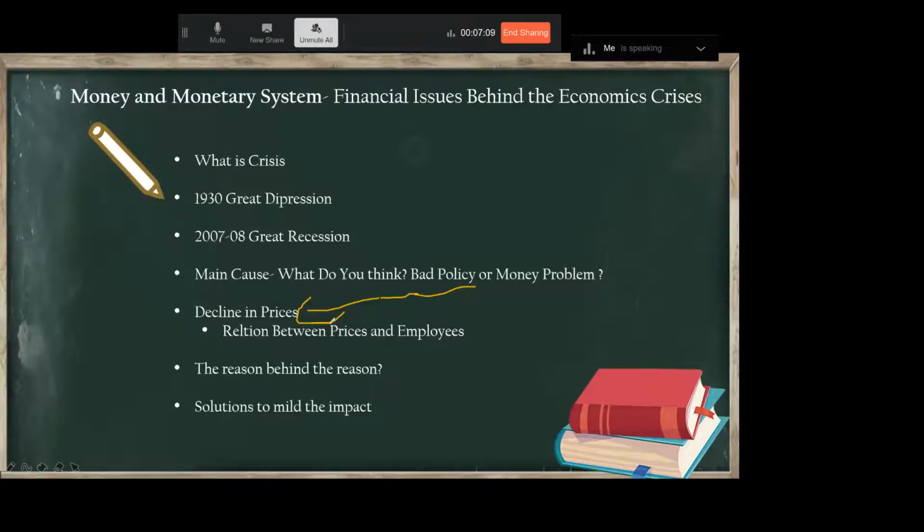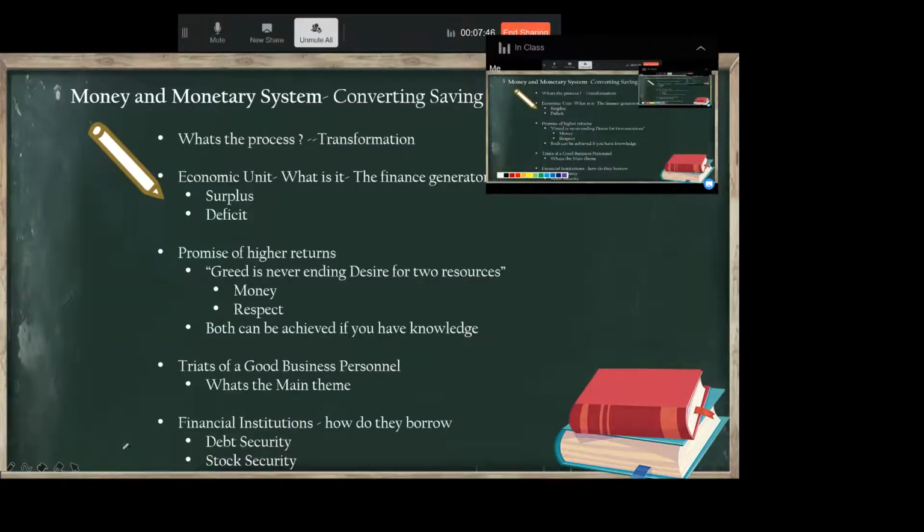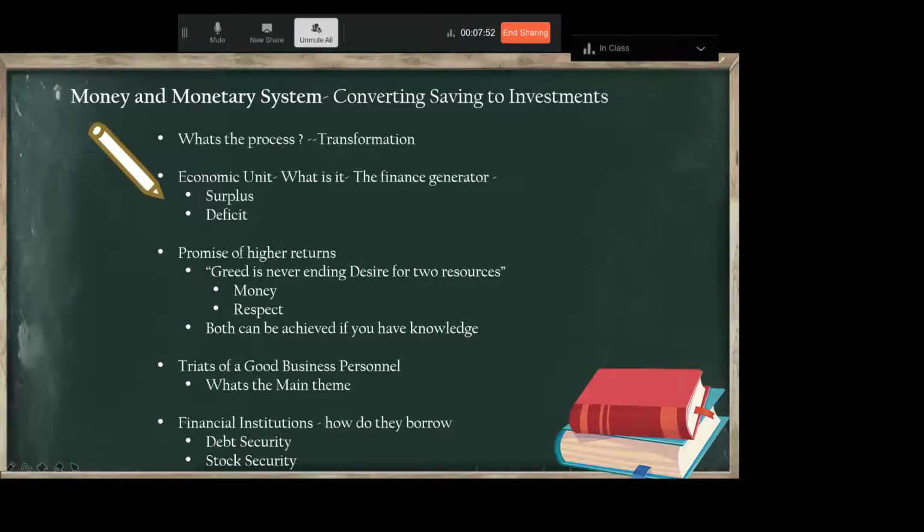Now, what is the multiplier effect? So what's the multiplier effect?